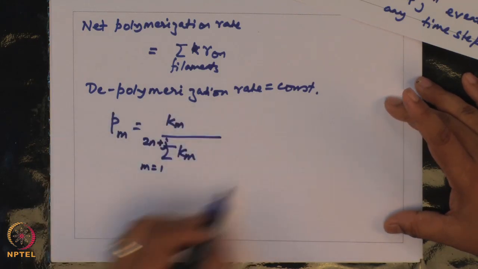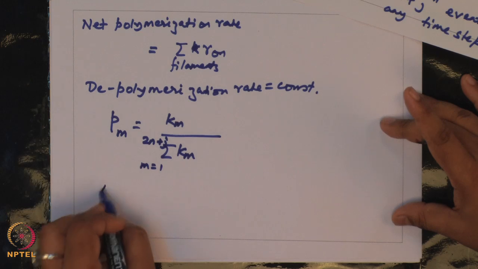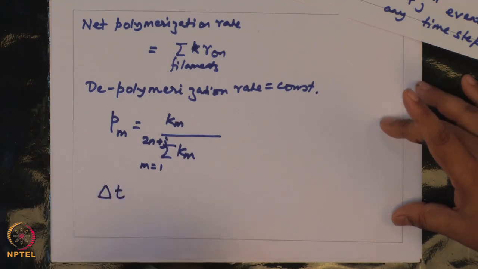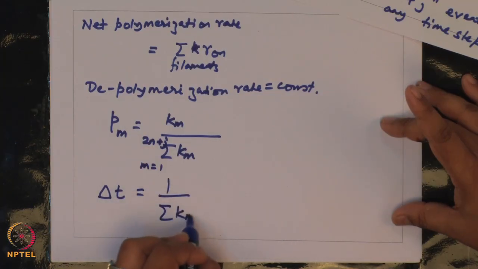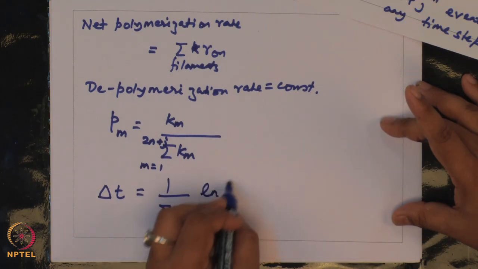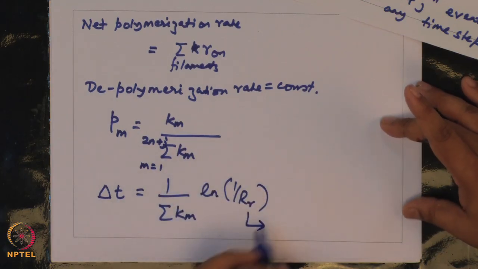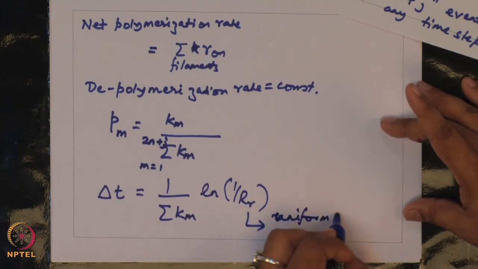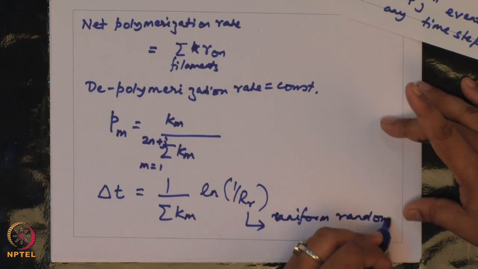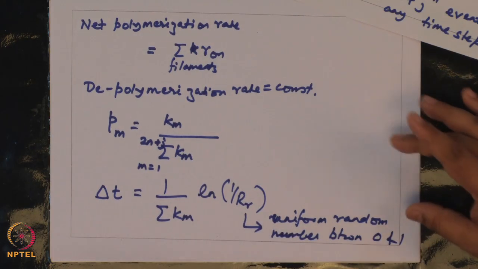So, you can essentially find out the probability of these events, and then from here you can find out the delta t at which you are going to trigger that event, and this is defined as, where R is a uniform random number between 0 and 1.